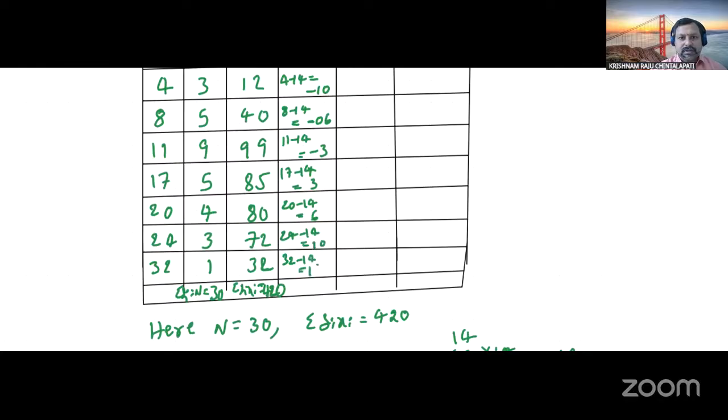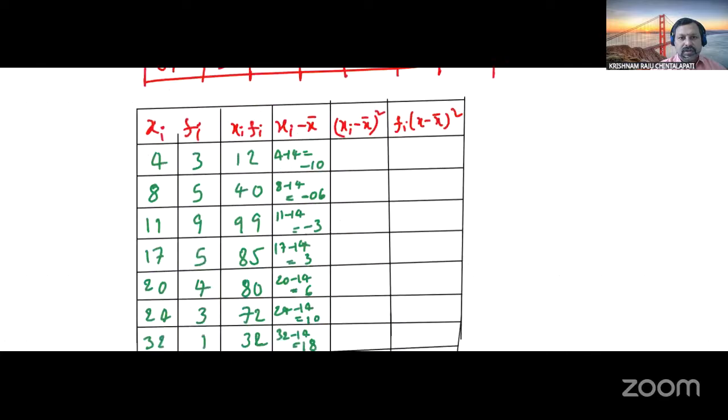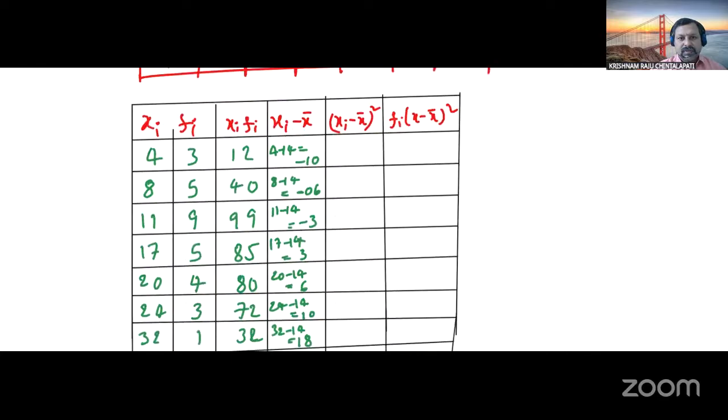So what is the third column? Xi minus X bar whole square. So minus 10 whole square gives 100. Minus 6 whole square gives 36.